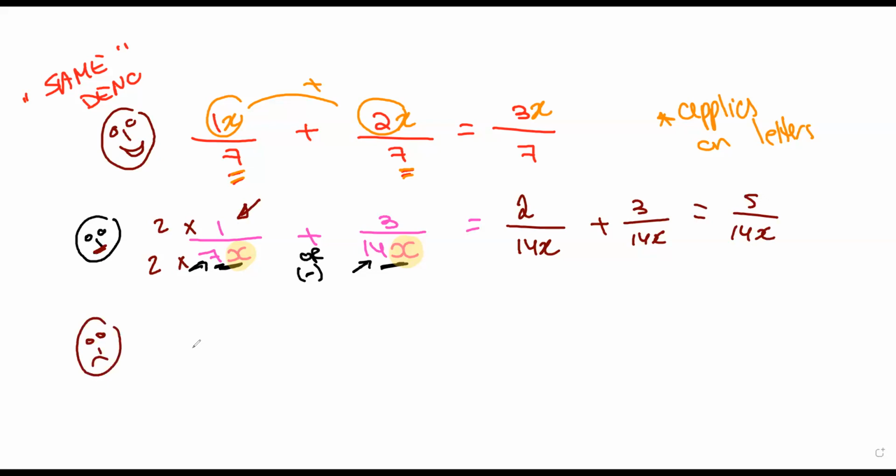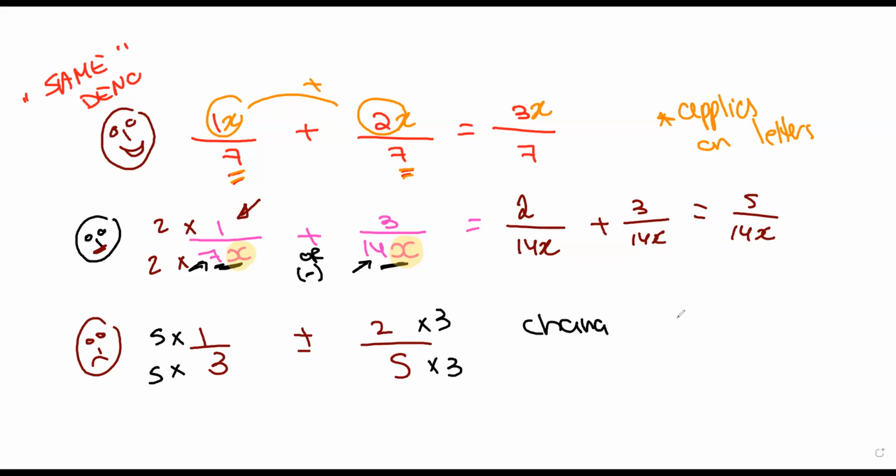Okay, what if I have these sort of questions again, and I'm adding or subtracting? By looking at the denominators, you'll find that in this case, you will have to change both denominators. And please remember that we always change the denominators by multiplication.